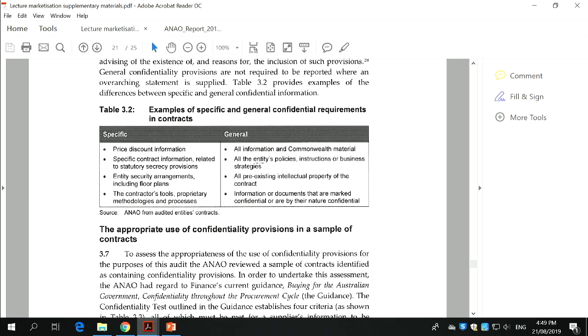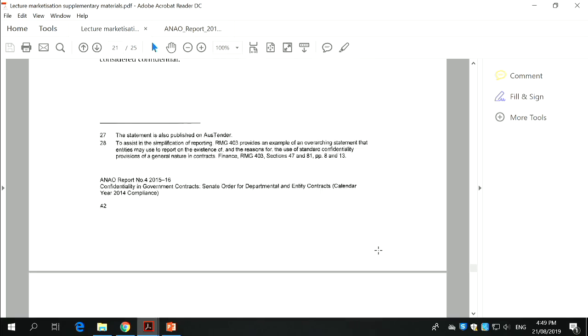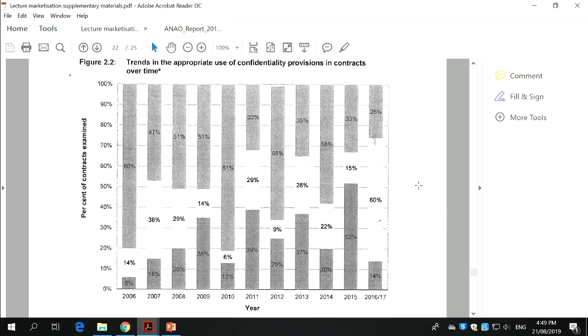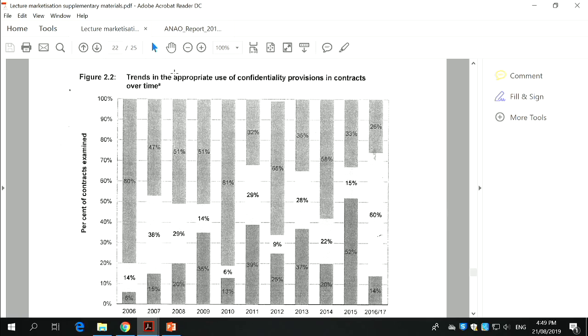And also proprietary methodology, process, etc. These are also general confidential information, like all information, common material, policy, instructions, etc. So the audit looks at the trend in the appropriate use of the confidentiality provisions.